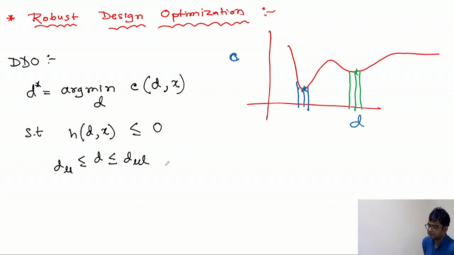This is the deterministic optimization problem, a DDO setup. This is the optimization problem that we must have seen somewhere in our life at some point.